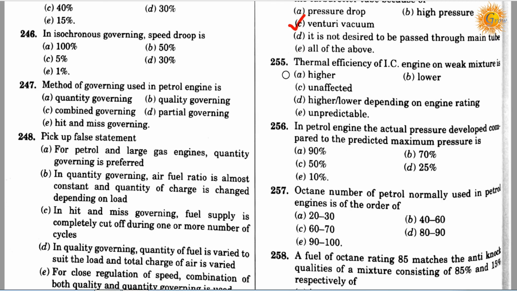Question number 255. Thermal efficiency of internal combustion engine on weak mixture is: option A, higher; option B, lower; option C, unaffected; option D, higher or lower depending on engine rating; option E, unpredictable. So the correct answer will be A, it will be higher.